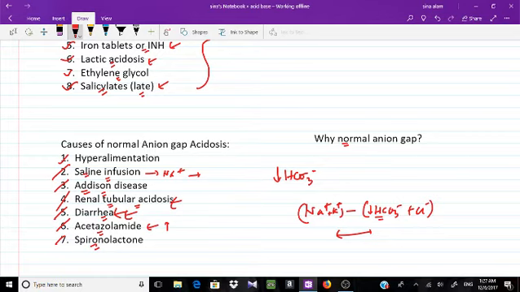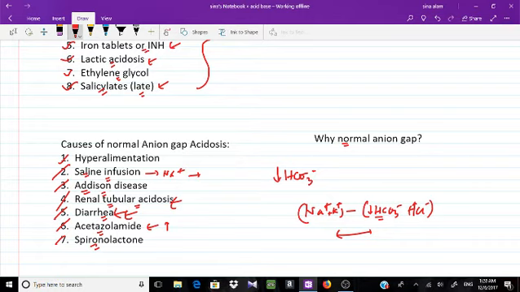Why? Remember what I told you? Our body wants to be in milieu interieur, which means homeostasis, right? The body wants to be in homeostasis. So when the bicarbonate goes down, the chloride goes up. Not as a buffer, you can say it's a homeostatic mechanism. I don't know how it goes up.